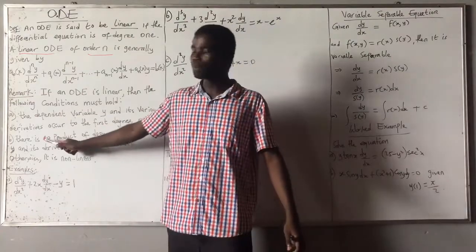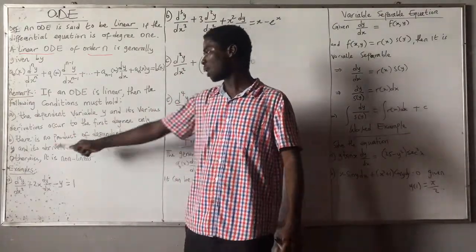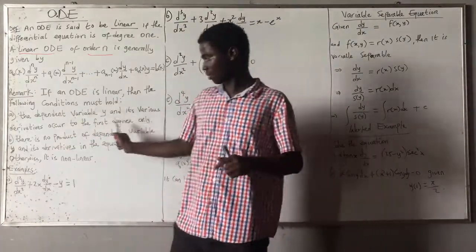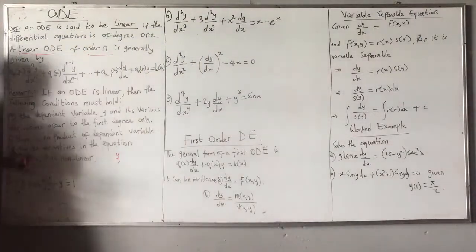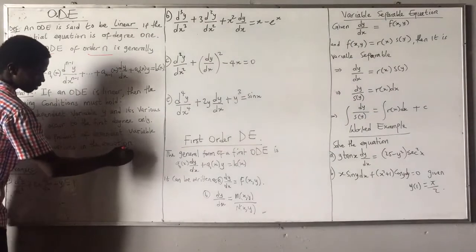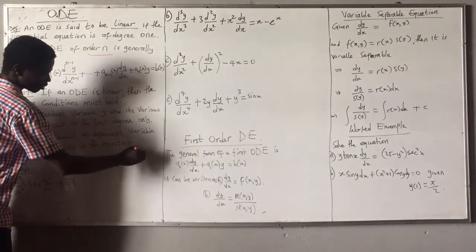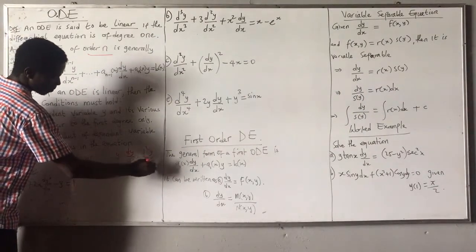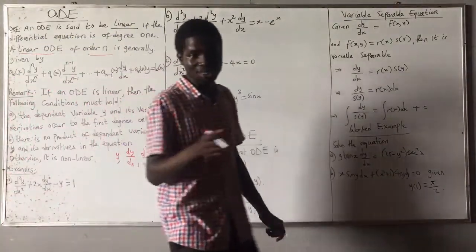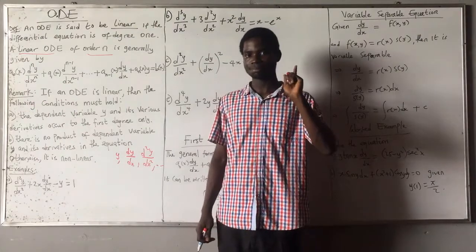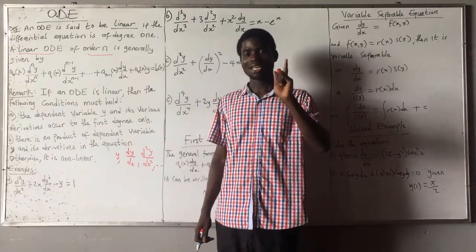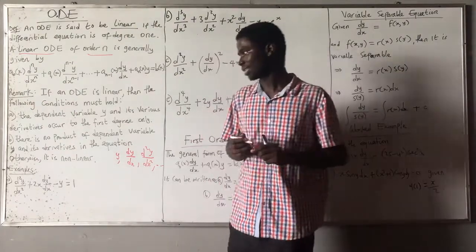And there is no product of dependent variable y, and so let me first explain this better. It means that y, dy/dx, d²y/dx², and so on, all these ones, their power is 1. Do you understand? Their power is 1. Now leave that.